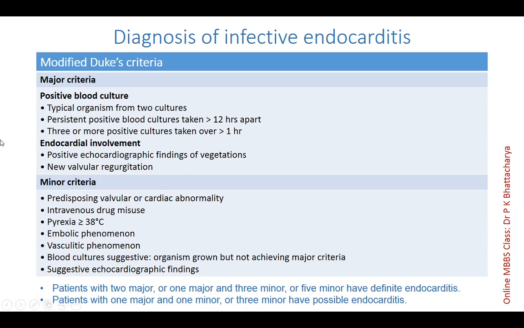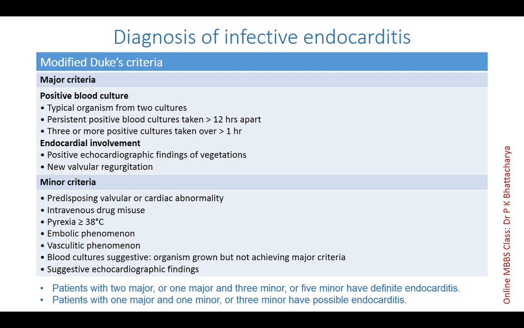Now, what are the major criteria? What are the blood culture criteria? Typical organisms in the two cultures. As I have said, in 90% you will find that the first two cultures will be positive. Persistent positive blood culture taken at more than 12 hours gap, which may not be typical organisms, remember. If you find a person with features of subacute endocarditis and Streptococcus viridans is positive in two cultures, you close your eyes and say this is subacute endocarditis.